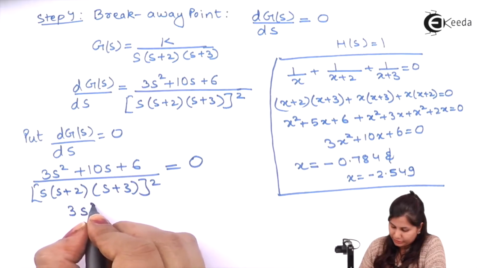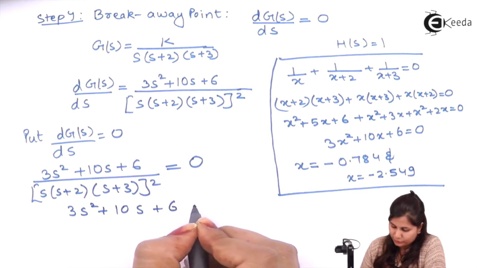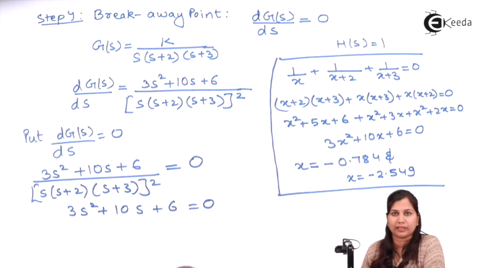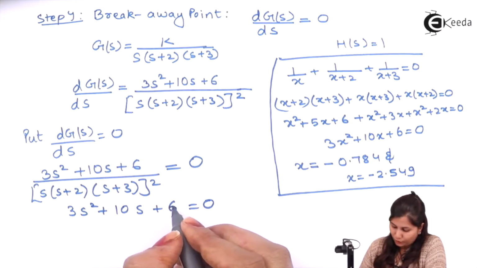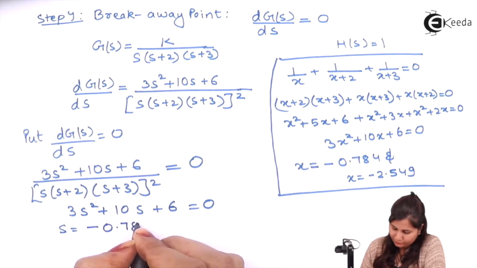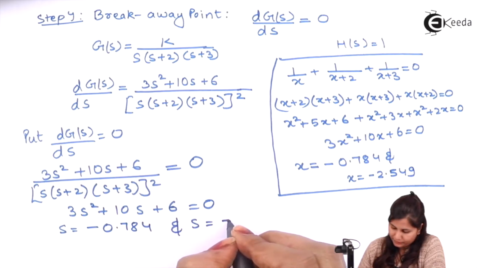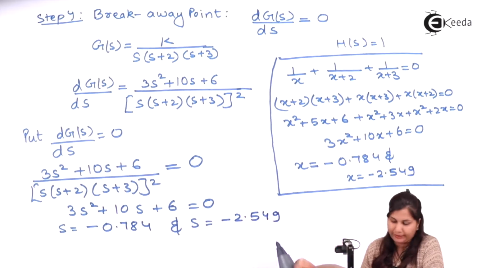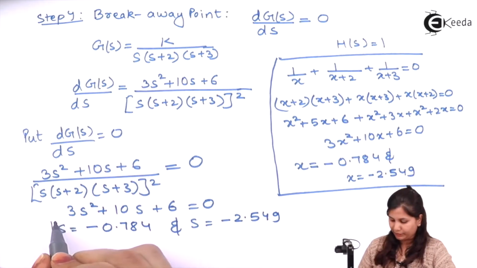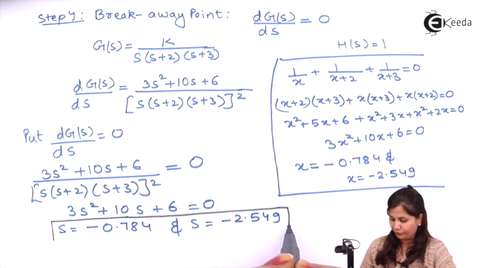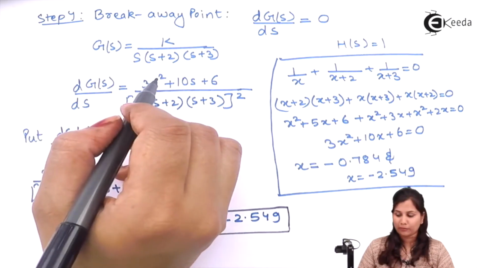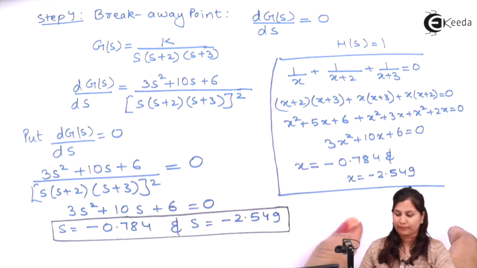We will be getting 3s square plus 10s plus 6 equals to 0, because when this term goes to the right hand side, it will be multiplied with 0, so it will become 0. The solution of this will be s equals to minus 0.784 and s equals to minus 2.549. Okay, so these are the two values of the breakaway points. We can use any of the two methods to find out the breakaway points. Either we can apply the direct differentiation formulas or we can use this factorization method.